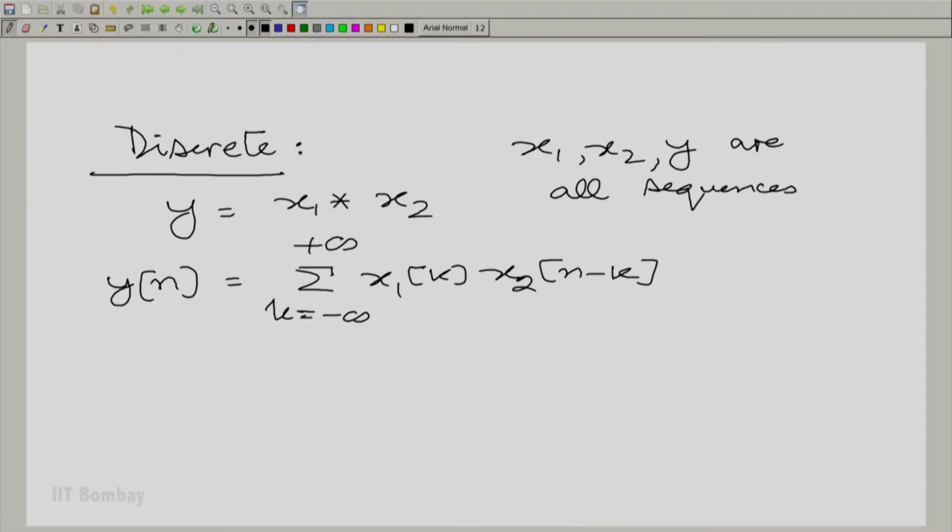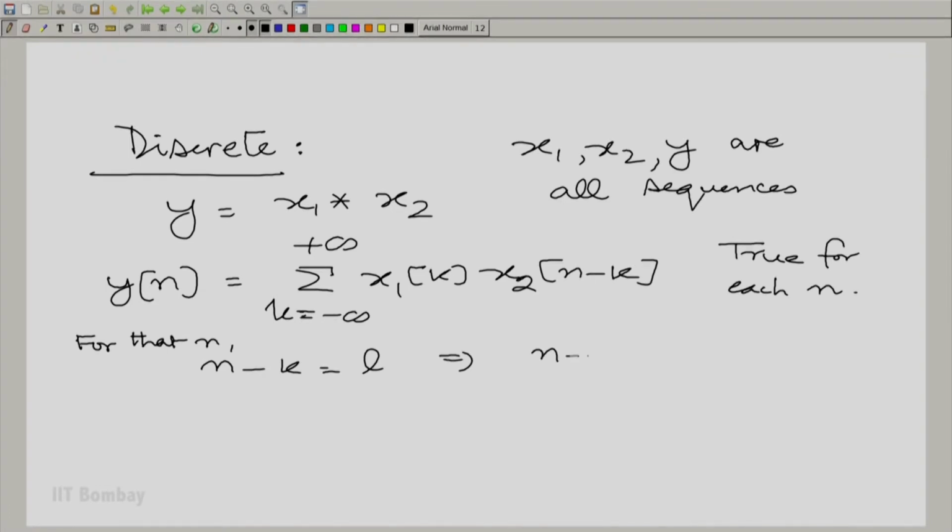And now we make a very simple transformation of variable. We put n minus k equal to L. Remember, this is true for each n, and for that n we put n minus k equal to L, which implies n minus L equal to k.